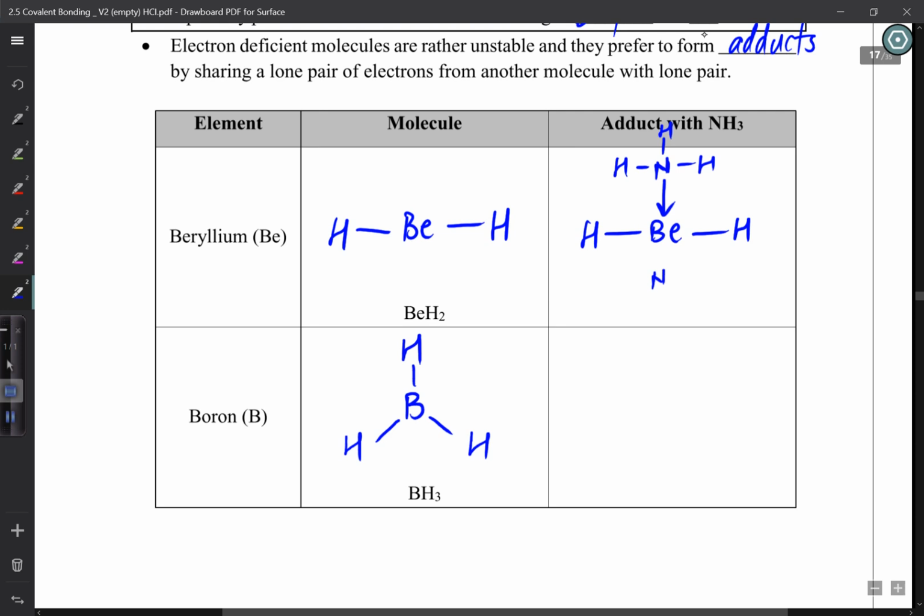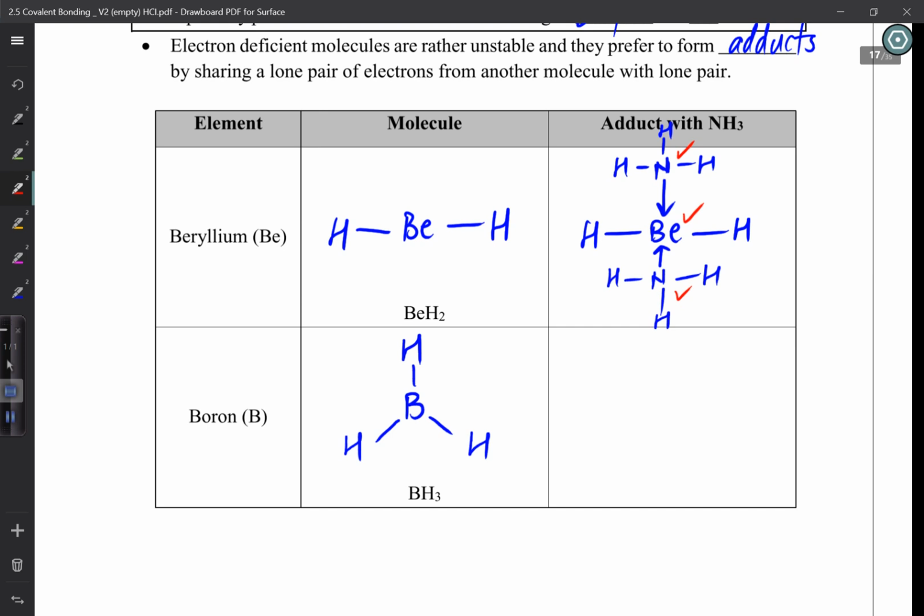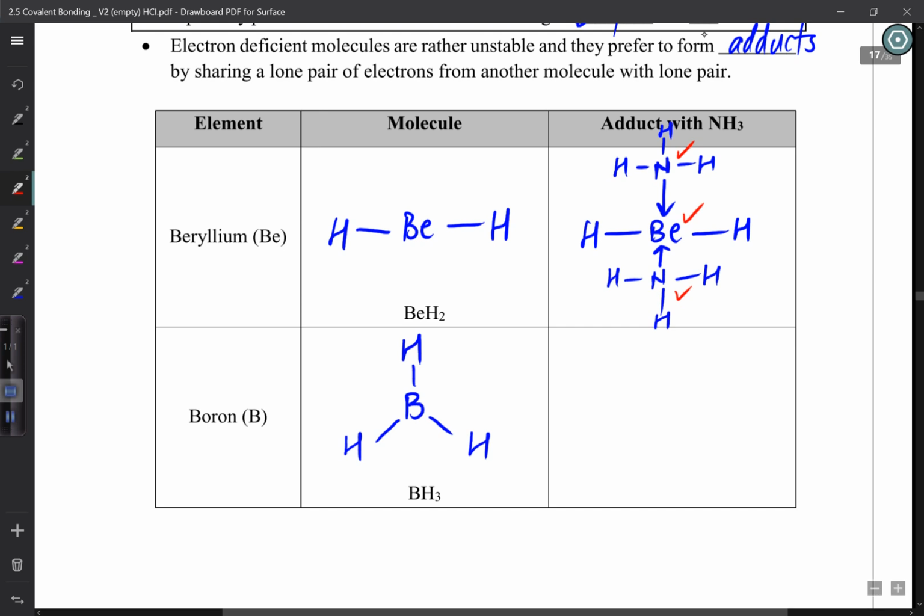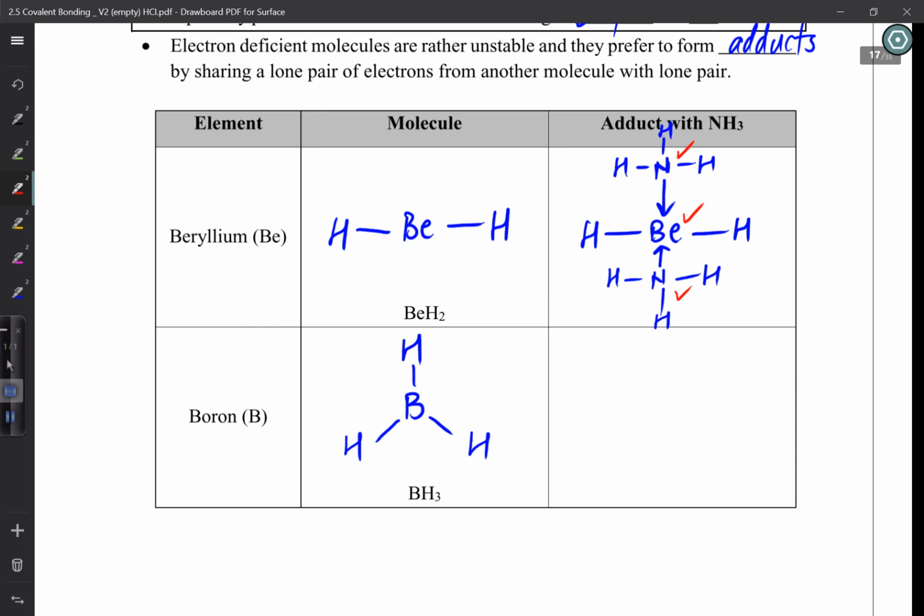You can have another ammonia sharing electrons with beryllium. So this nitrogen is still happy, that nitrogen is still happy, and now beryllium is also happy. That's how you stabilize electron deficient molecules, by forming what we call adducts. All these are known as adducts, or rather connections with NH3. Not only NH3, you can interact with basically any molecule containing a lone pair.